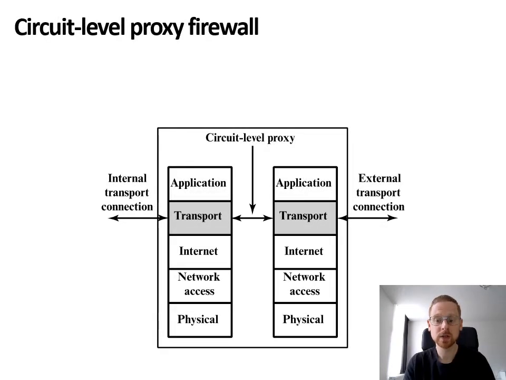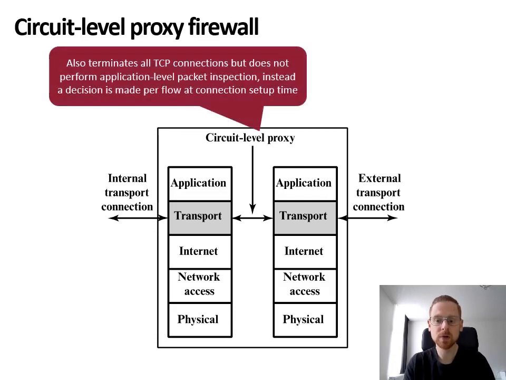The fourth and final type of firewall is a circuit level proxy. It is similar to the application level proxy in the sense that it also terminates TCP connections. It can also use authentication before deciding whether or not to relay this TCP traffic between the internal and the external network. However, in contrast to the application level proxy, it does not operate at the application layer and will not perform deep packet inspection.